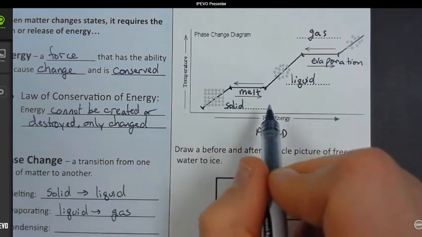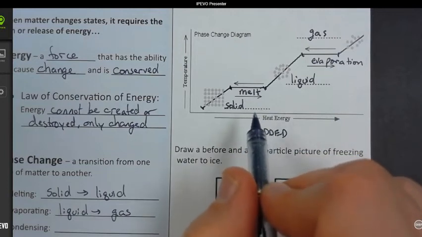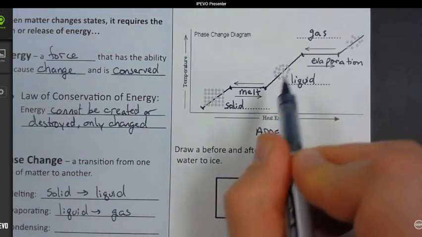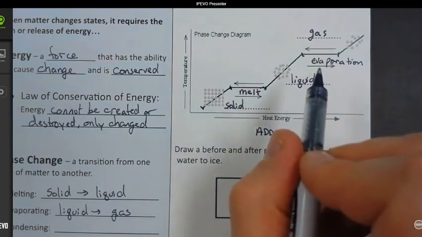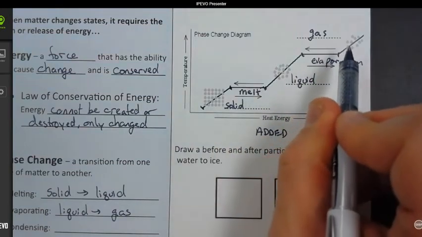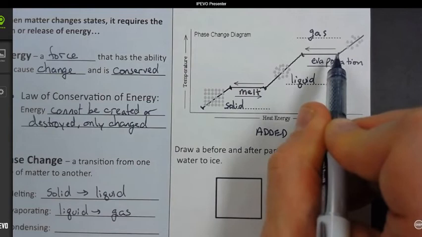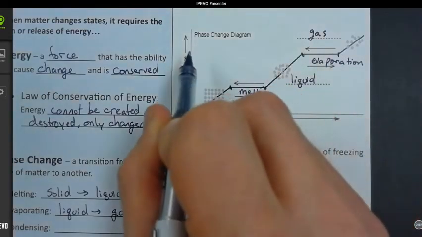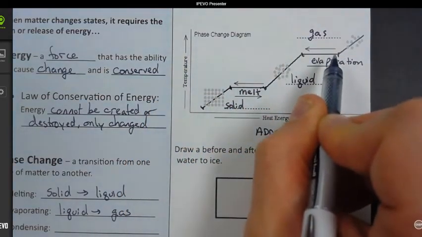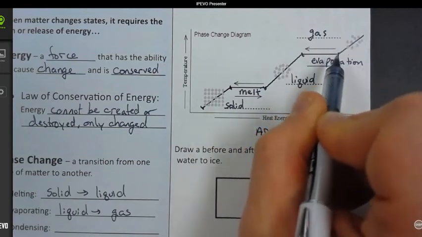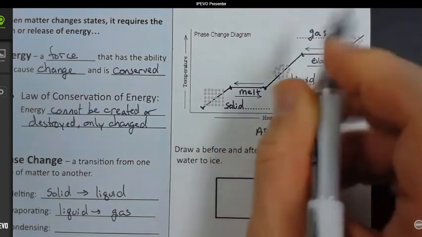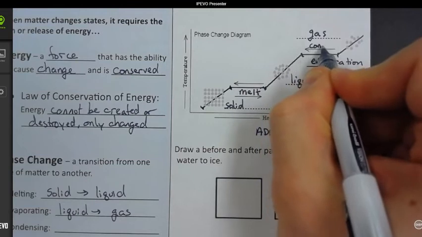So no matter what, energy causes a change, always. And then the arrows going backwards are what would happen if energy gets removed. So if I take energy out of a gas and we hit a certain temperature where that change occurs, to go from a gas back to a liquid, we refer to that as condensation.